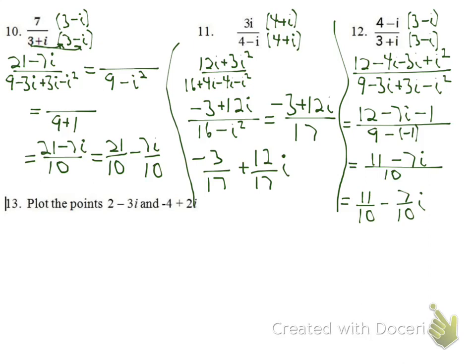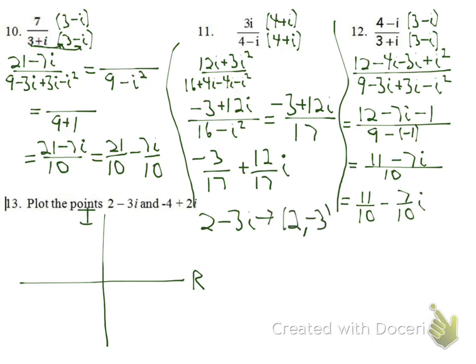Okay, 13, we need to graph our points, and whenever we graph on a complex plane, instead of using x and y like we typically use, we're going to have our real and our imaginary. So the x-axis is the real numbers, and the imaginary numbers is the y-axis. So 2 minus 3i, we convert that to be the point 2, negative 3.